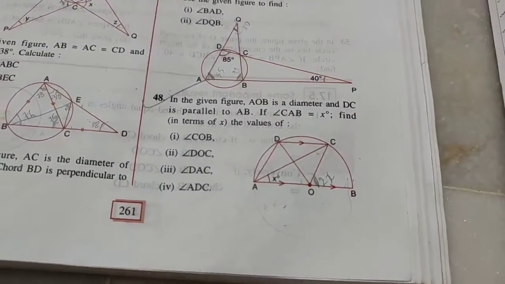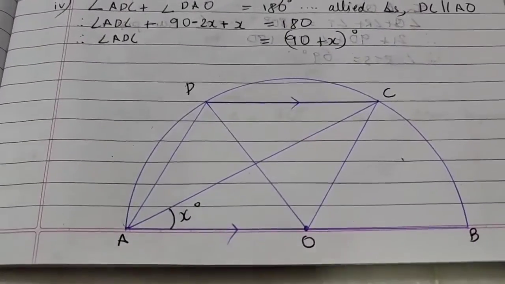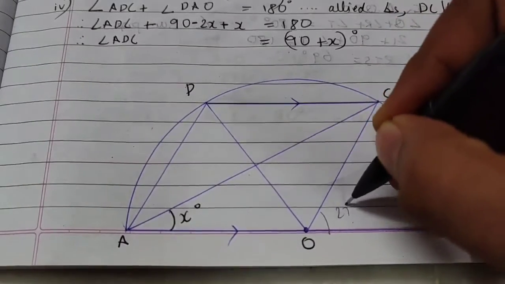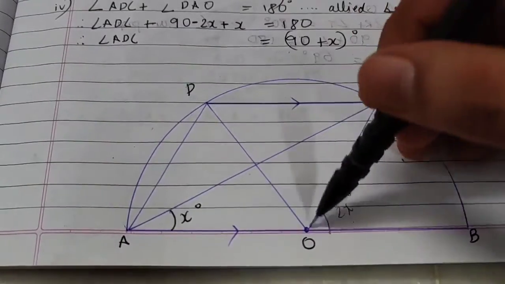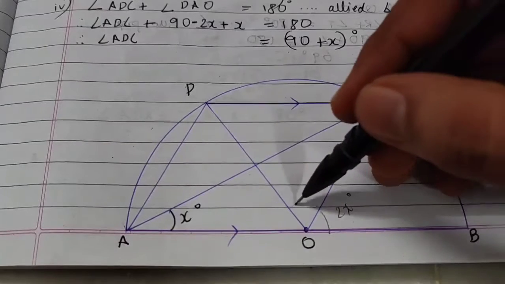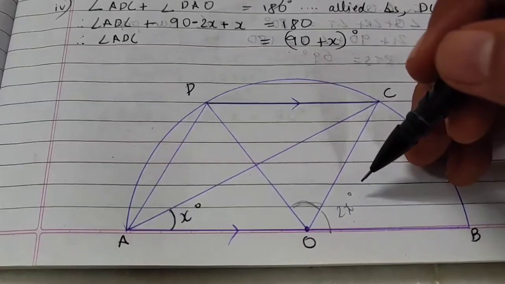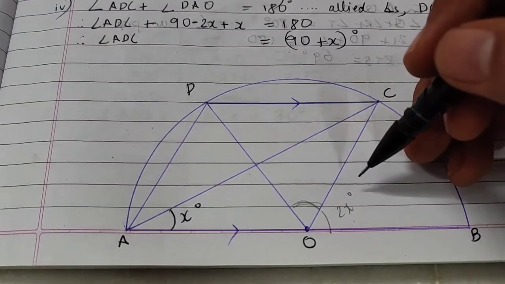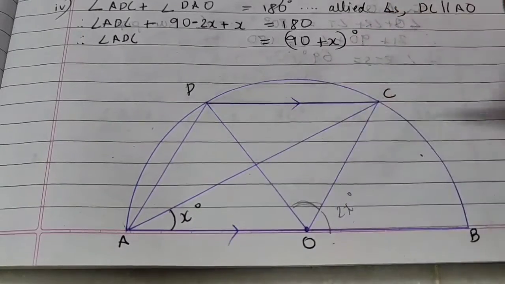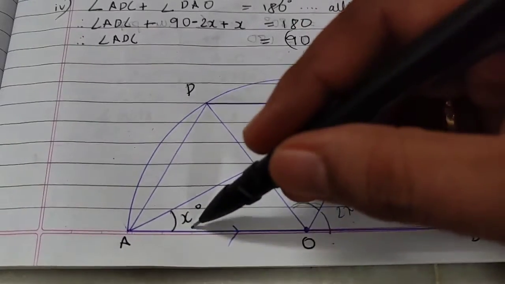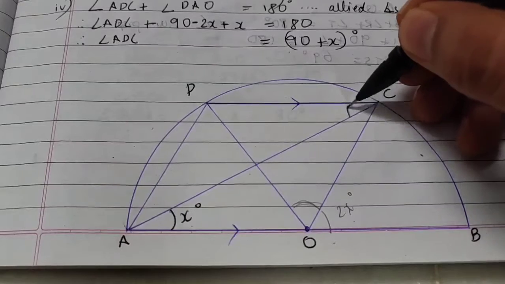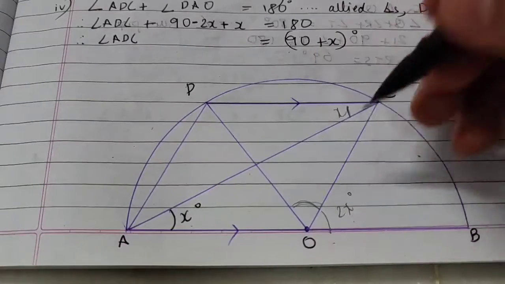Next, they want angle DOC. Now once you write 2x over here, DOC, this one, well, since AO is parallel to DC and this is x, I know that this will also be x, alternate angles.